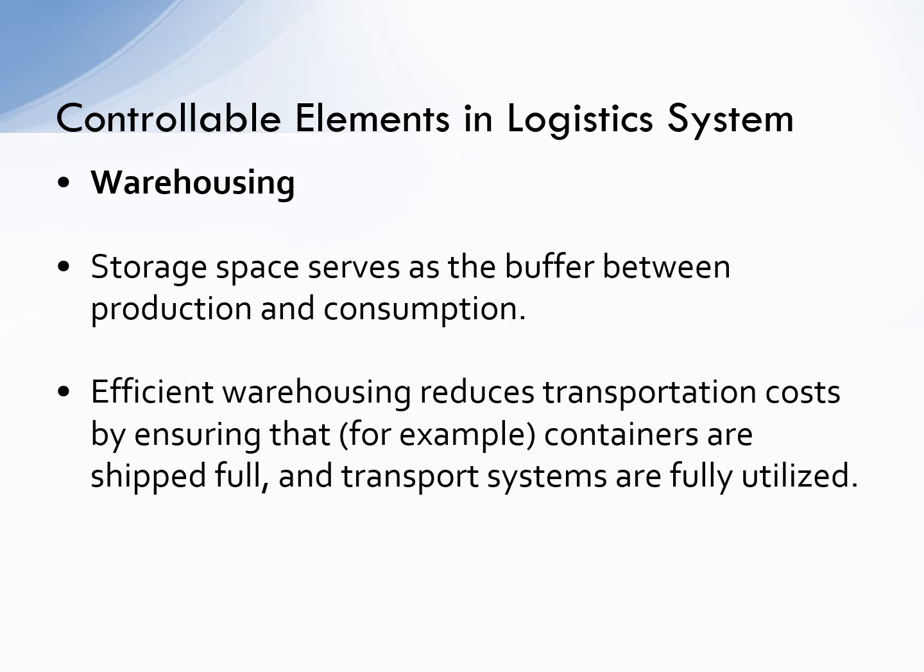Warehousing is another controllable element in logistics system. Storage space serves as the buffer between the production and consumption. Efficient warehousing reduces transportation cost by ensuring that, for example, containers are shipped full and transport systems are fully utilized.